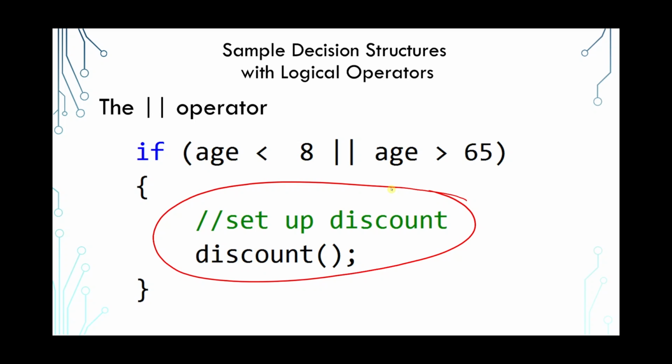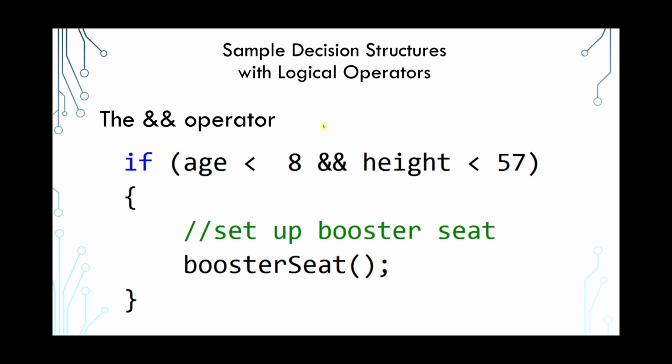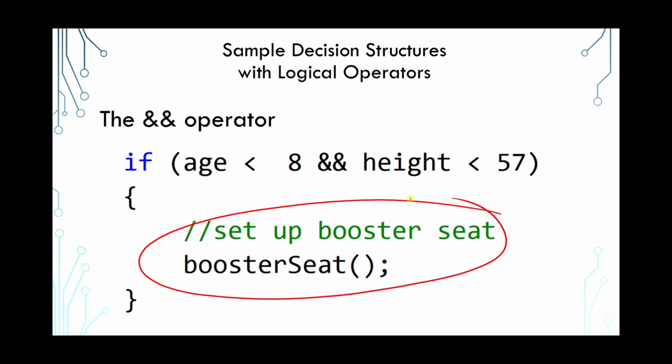You would say if the person's age is less than 8 or the person's age is greater than 65. This is where we say or. Here is something else. If the age is less than 8 and the height is less than 57 inches, then the person gets to use the booster seat.